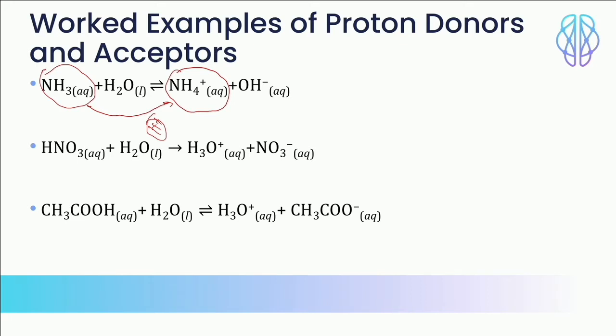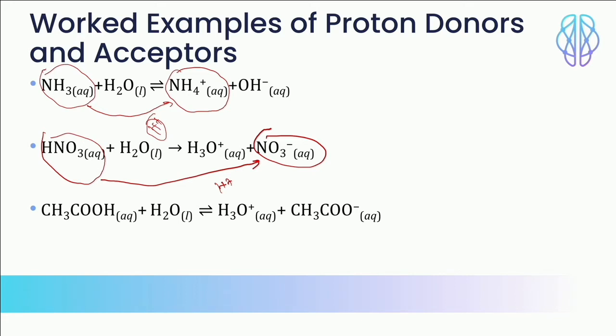In our second example, we have nitric acid and water forming H3O+ and NO3-. Similarly, just using some pattern recognition, the HNO3 and the NO3- on this side look very similar, only in that the HNO3 has lost a H+. Another way of saying this is not lost, but donated a H+.